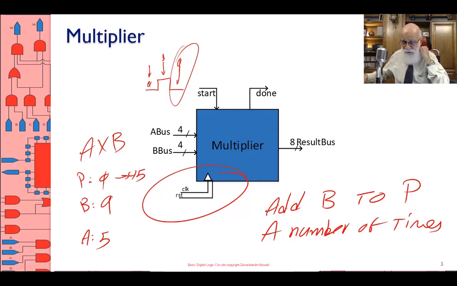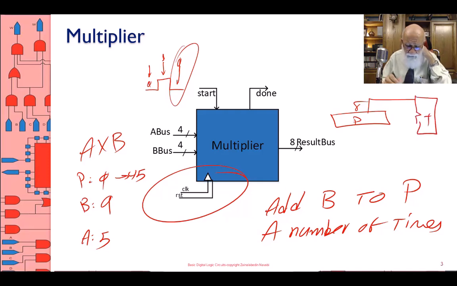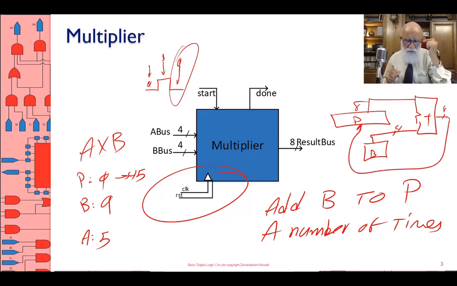So I do a draft of the hardware here. There is a P register, which is an 8-bit register, that goes into an adder, and then there is the B register, which is a 4-bit register. The result of the add is 8-bit, and that 8-bit goes into the P register. And I have to repeat this a number of times. So why not put A in a register too.